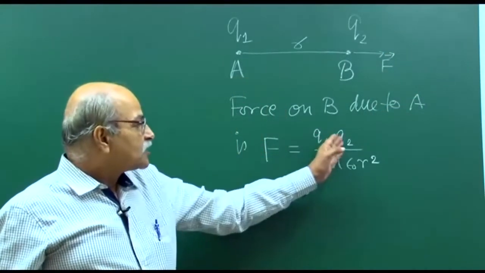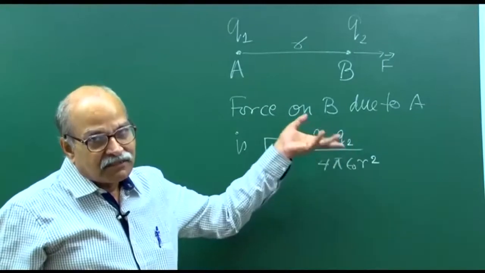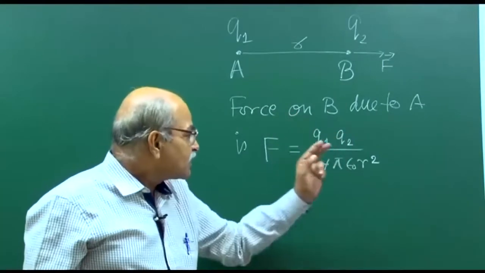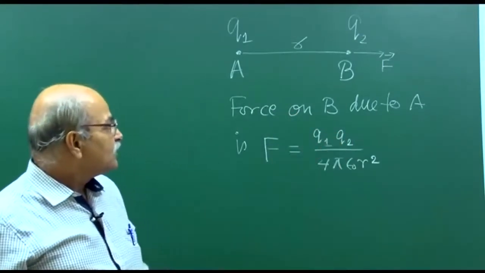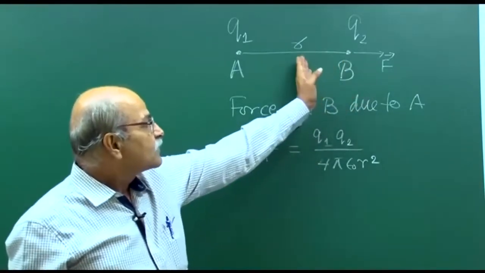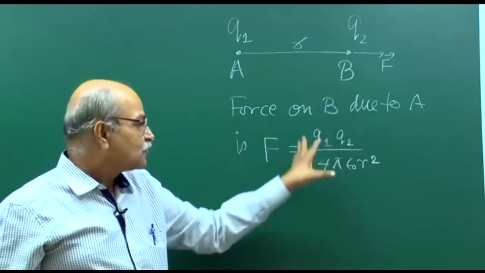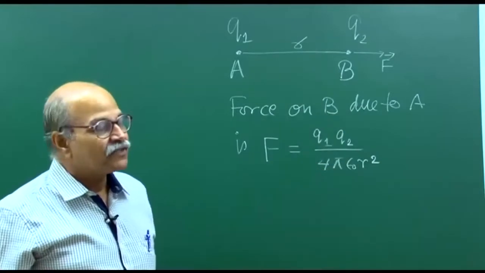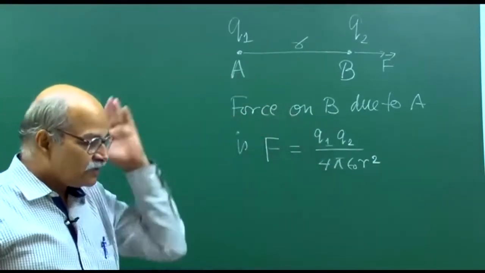If this product is negative, one is a positive charge and another is a negative charge, then the direction will be towards A and the magnitude will be just the magnitude of this. So, that is known as Coulomb's law.